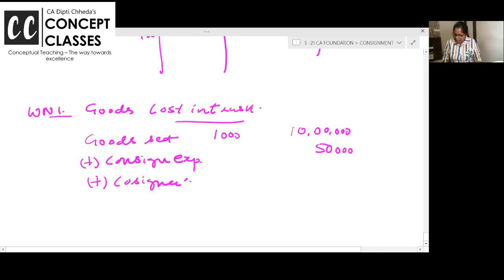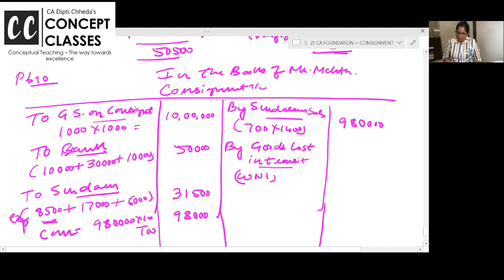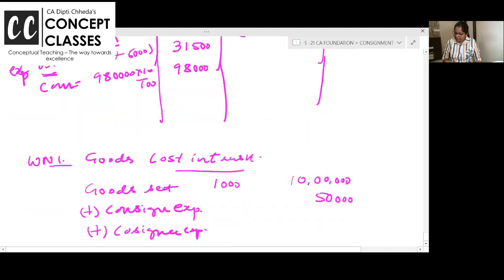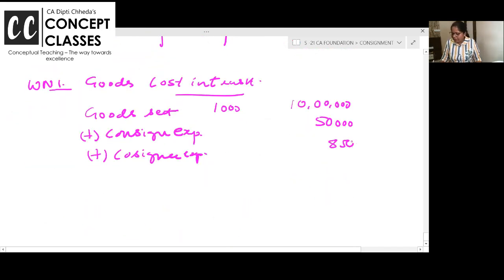Consignee's expense: only 8,500. Read the problem. 8,500 are clearing charges. Only those we will take.